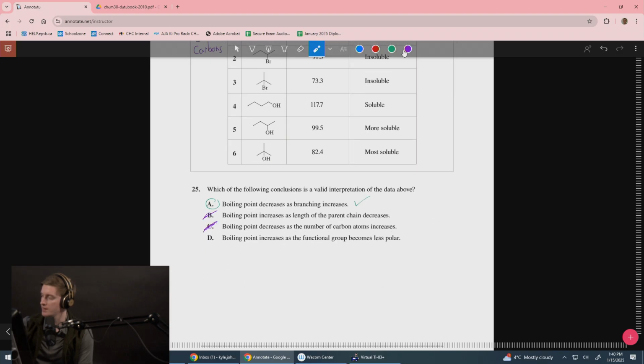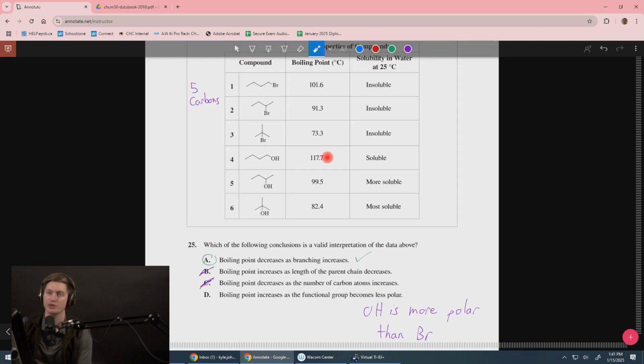So I'm just going to write down here that OH is more polar than bromine. And if you compare the alcohols to the alkyl halides, you'll see that they have a higher boiling point. So D is false because the more polar functional group makes a higher boiling point. So A is true. We already knew that A was true, but it's good practice to try and rule out the other options as well.